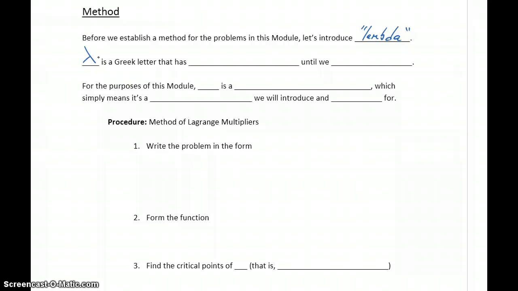When we start mixing in more Greek letters, that tends to freak people out even a little bit more. One of the main things to keep in mind is that all this is just a symbol. We could have easily just used the letter L, the letter S, any number of other things, but just out of convention, people use this Greek letter lambda. What's important to keep in mind is that this symbol has absolutely no meaning until we assign one.